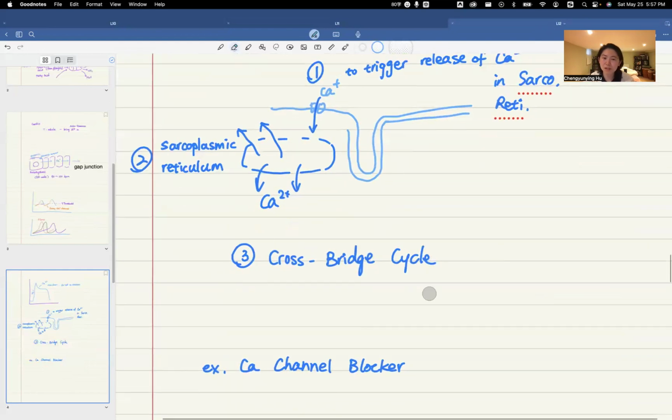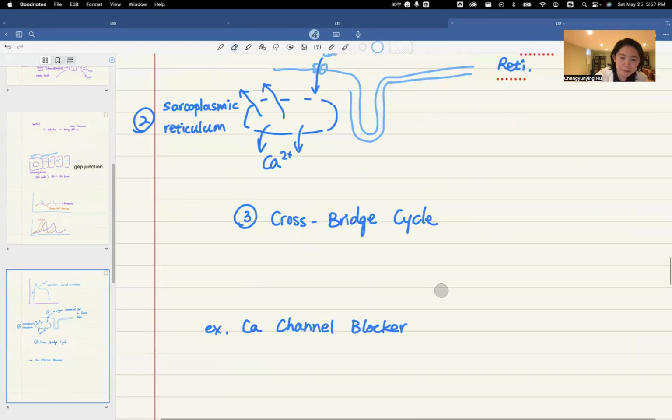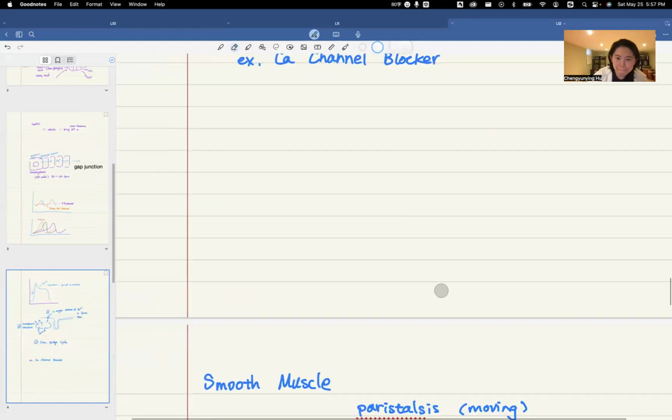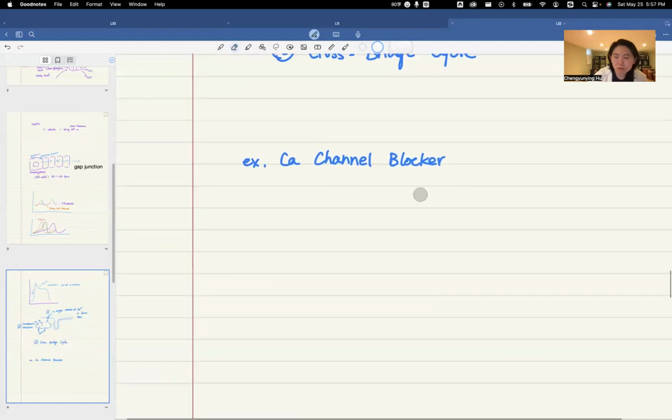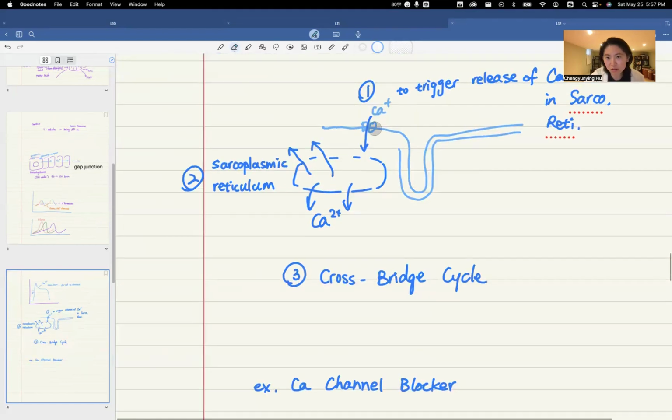In conclusion, that was the process of the cross-bridge cycle, the moving part. And the calcium channel blocker will stop the process I just mentioned because it blocks this channel.